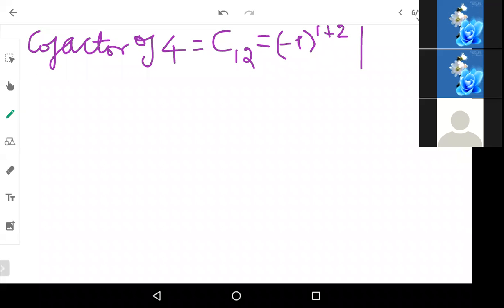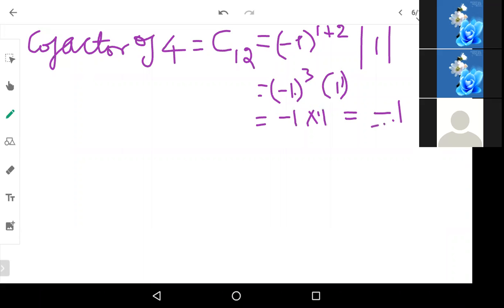What is the minor of 4? Can anybody say? 1. Good, correct. Very good. So minus 1 to the power 3 into 1. Minus 1 to the power 3 is minus 1, into 1, which is minus 1. So the cofactor of 4 is minus 1.